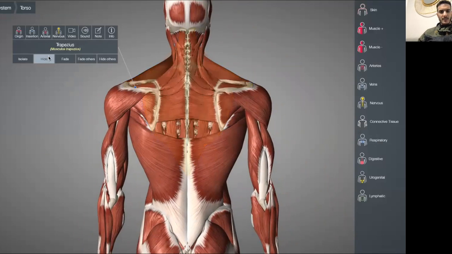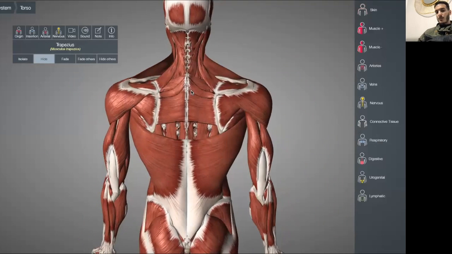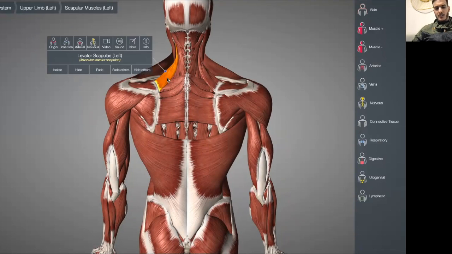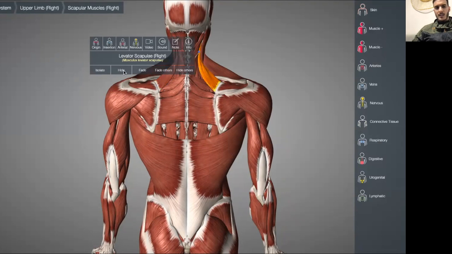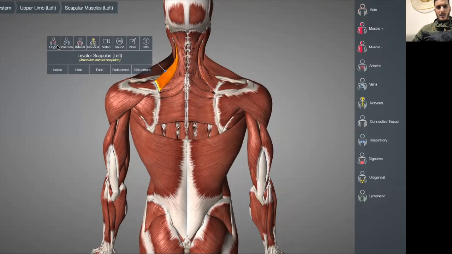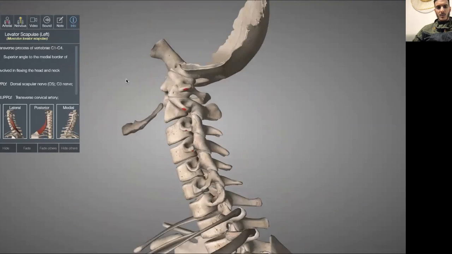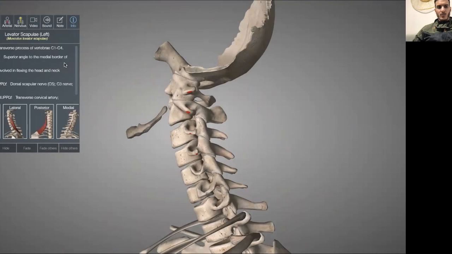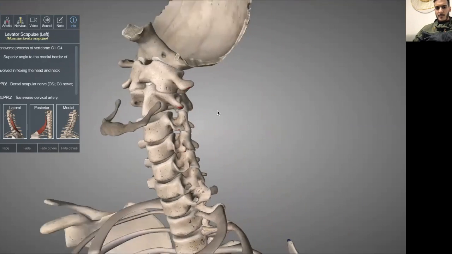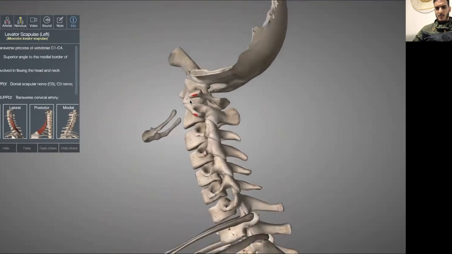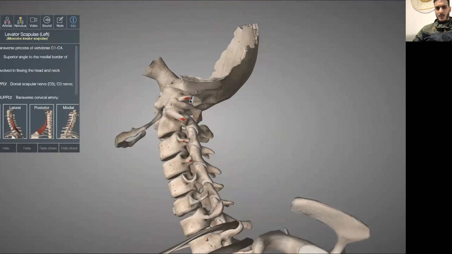Secondly, I'm going to hide this. We expose 2 sides, and we're going to discuss 3 muscles right now. First off, the levator scapulae, left and right. It originates from the transverse processes of the vertebrae C1 to C4. You can see here, they're labeled in red: 1, 2, 3, 4, that's the origin.